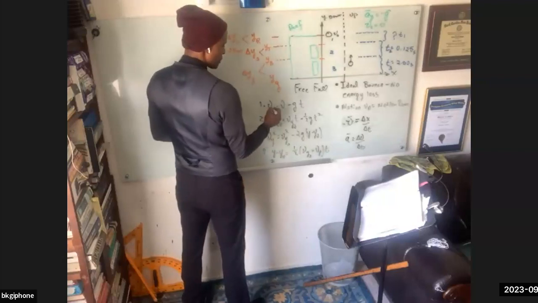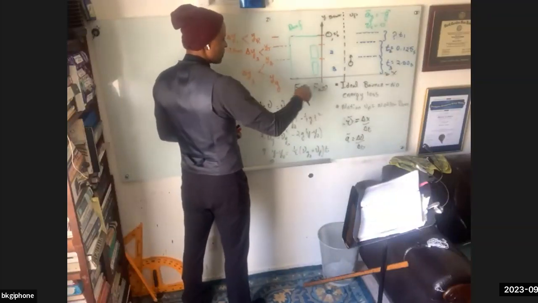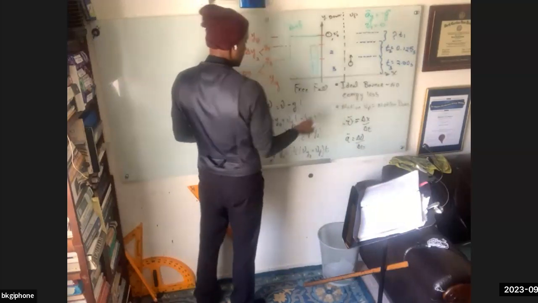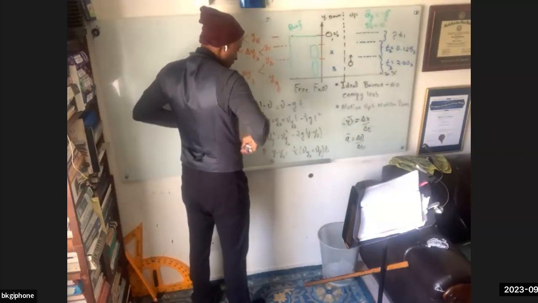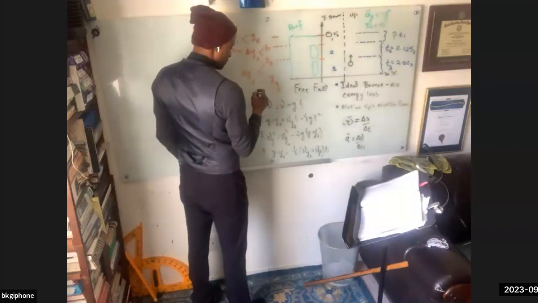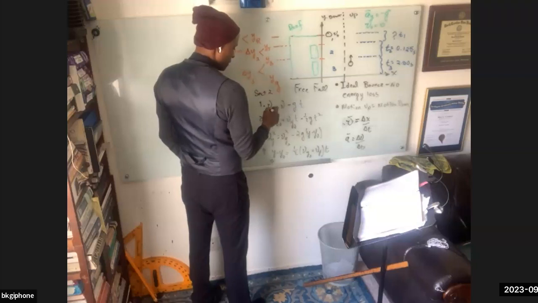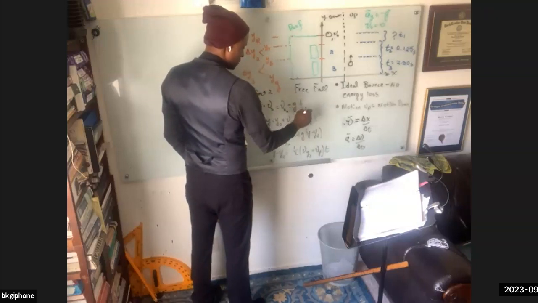In section 2, we'll do the trip going down. So final means when it gets to the bottom of that section, and initial is when it's at the top of that section. So if this is section 2, V2 equals V2 naught minus G2.